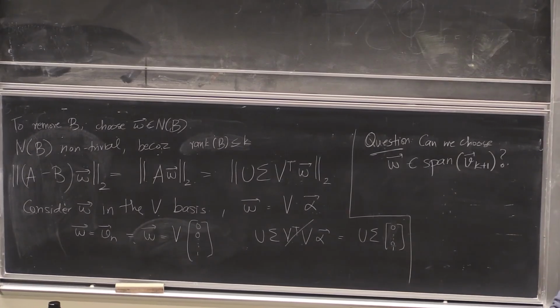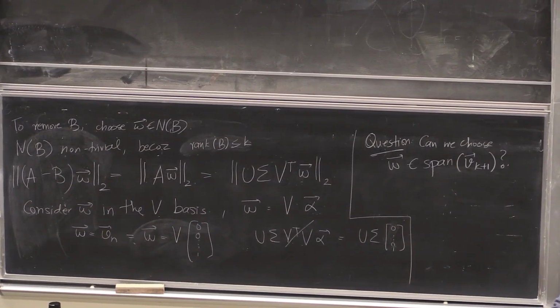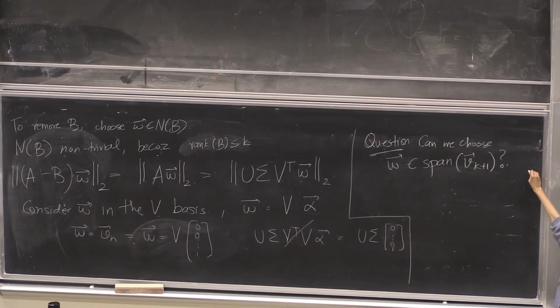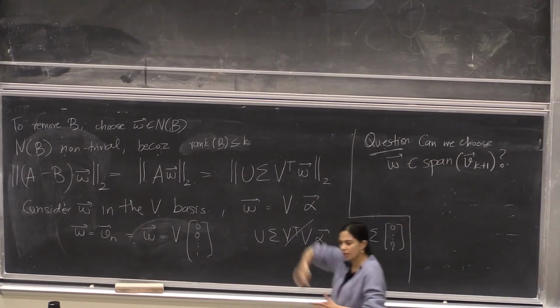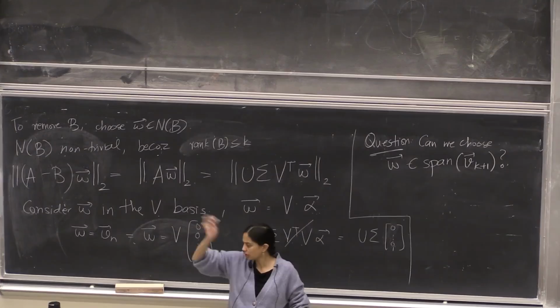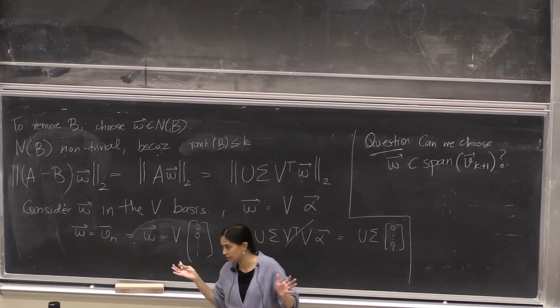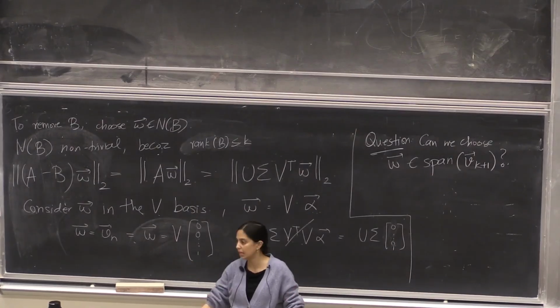Okay, everyone see why we want this Vk plus 1 to be coming out? The span of that is now a one-dimensional thing, right? The null space of B is also some dimensional thing. It's like n minus k dimensional, right?